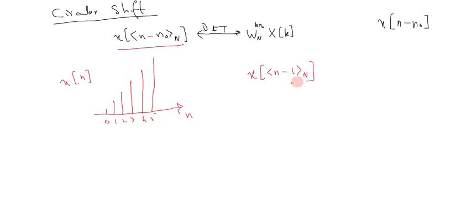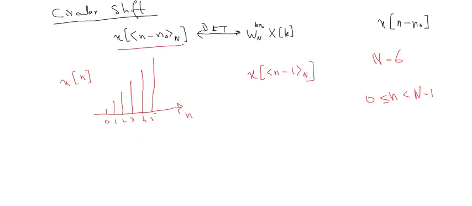But here we are performing circular shift. Here you have 1, 2, 3, 4, 5, 6, so N is equal to 6. In circular shift, the main restriction is that you have to remain within the range 0 to N minus 1. You cannot go beyond 5 and you cannot go before 0. You have to remain within 0 to 5.